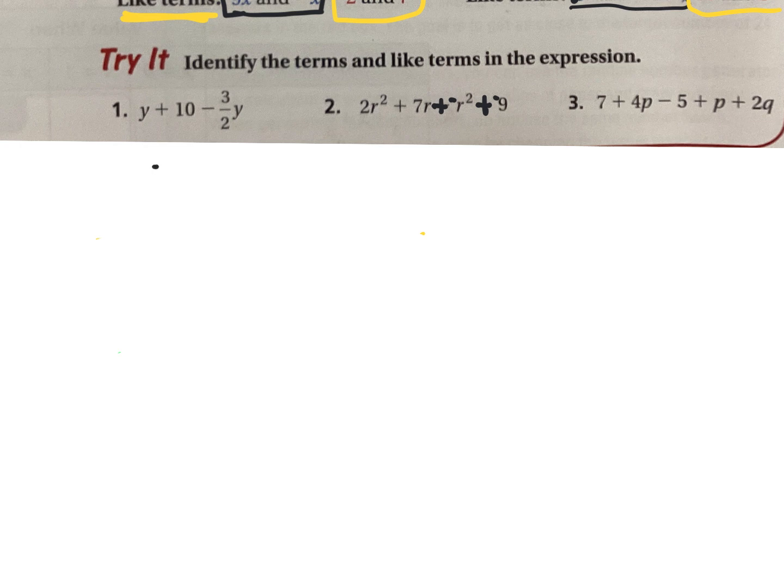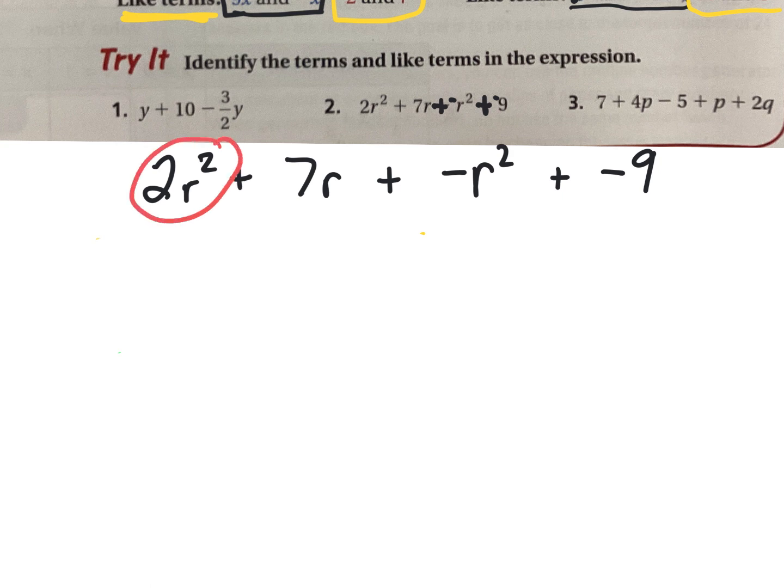So I rewrote that. My terms are 1, 2, 3, 4. Everything separated by an addition. 4 terms. Each one circled in red is a term.